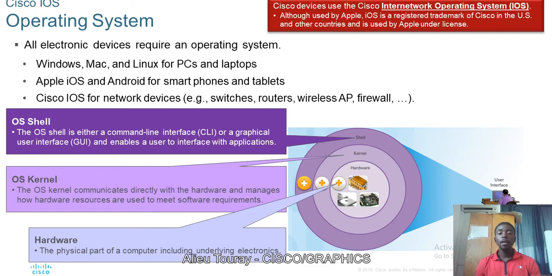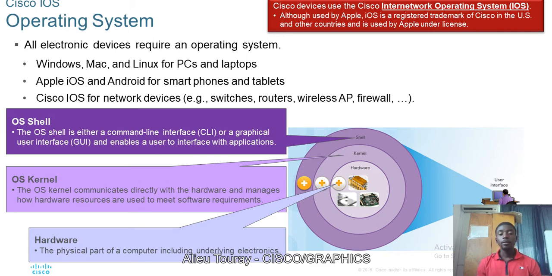CLI means command line interface, where you deal with commands on a blue, white, or black screen with just text that you have to enter, a bit like programming. With the GUI you click apply, OK, next, finish, like in Microsoft operating systems, because you see all those things. So the shell is what allows you to interact with your device.